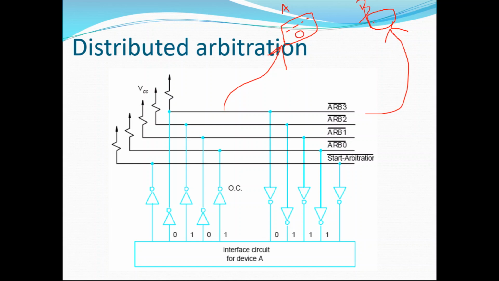Device B also will generate a 4-bit number, keep it in its own circuit, and set the start arbiter line to 0. Now there will be a process of selection, by which we will come to know who will be given the bus.